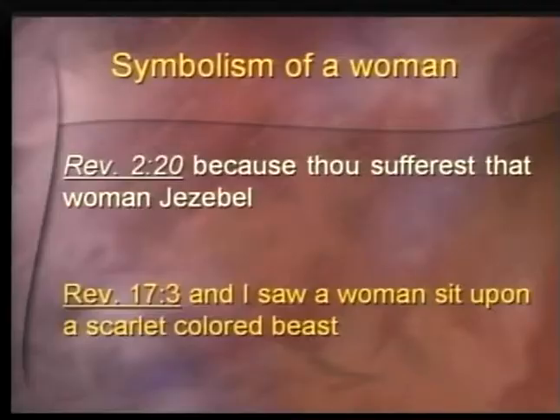In one of the future lessons, we will have a deeper look at the woman that sitteth on the beast with 7 heads, but that is in one of the later lessons. But it all forms part of the Antichrist. And notice that particular woman. And I saw a woman sit upon a scarlet-colored beast. So, in the imagery of the Antichrist, a little bit later, also the imagery of a woman starts coming up.